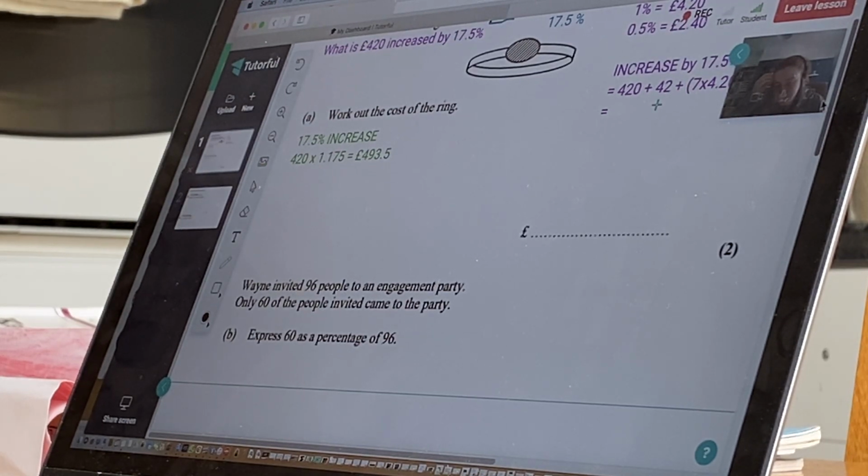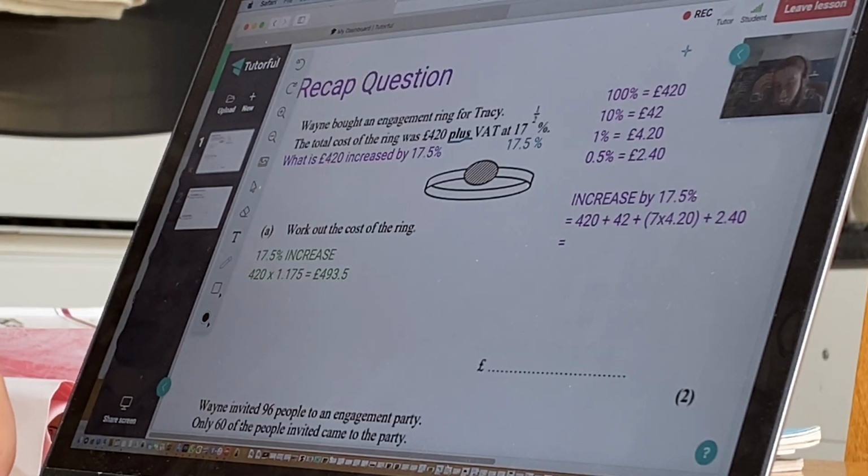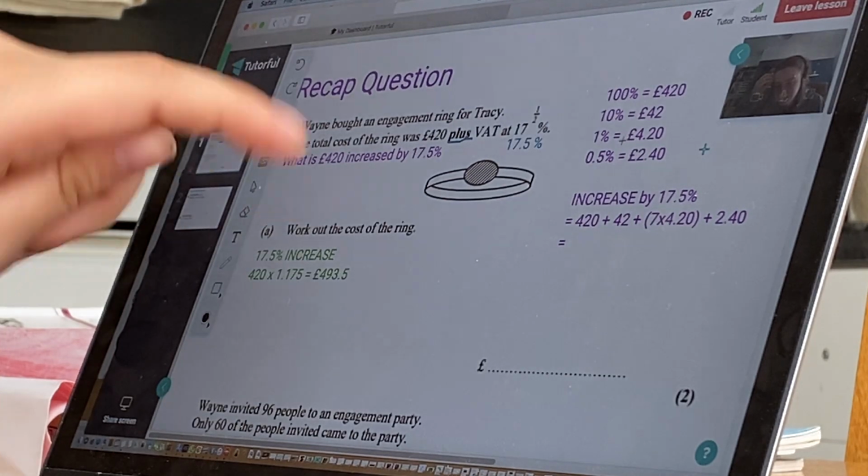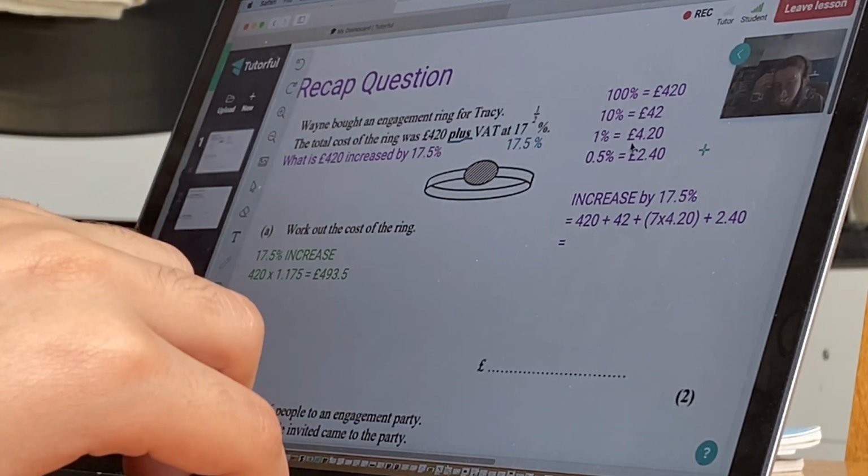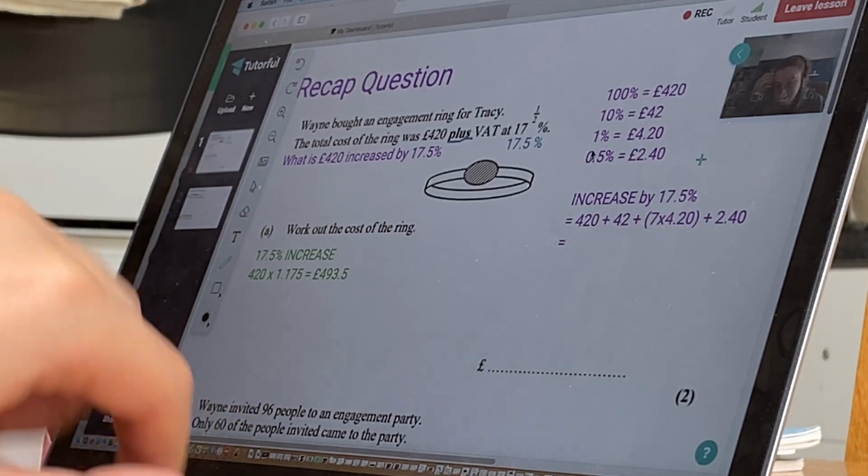Are you happy with the method that I've done here? Or are you totally lost? Oh yes, I get it, because the green one makes more sense than the purple one. Okay, good. Because with the purple one you just have to multiply them and add them together to 10%.